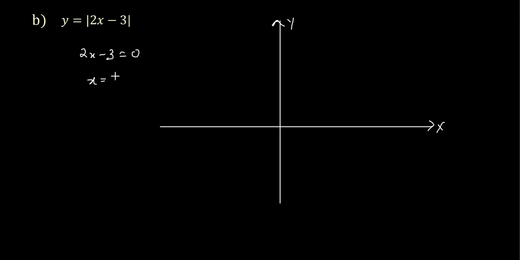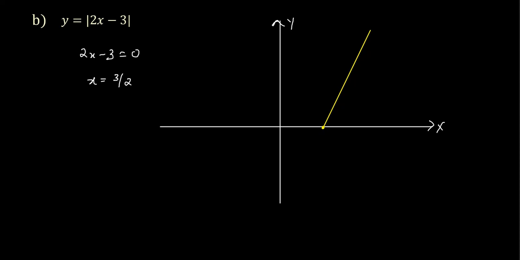So I will obtain x, which is the corner point, as 3 by 2 or just 1.5. So here let us say this is our 1.5, and the slope of the straight line will be plus 2.